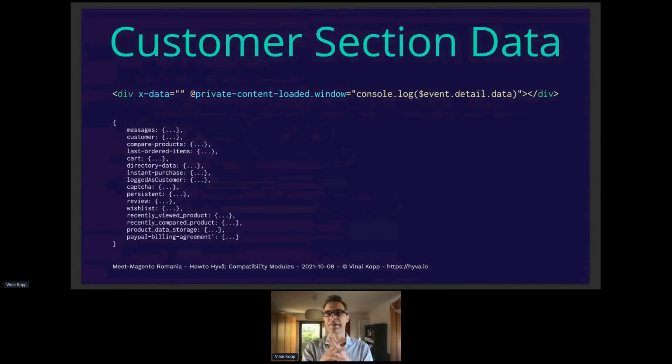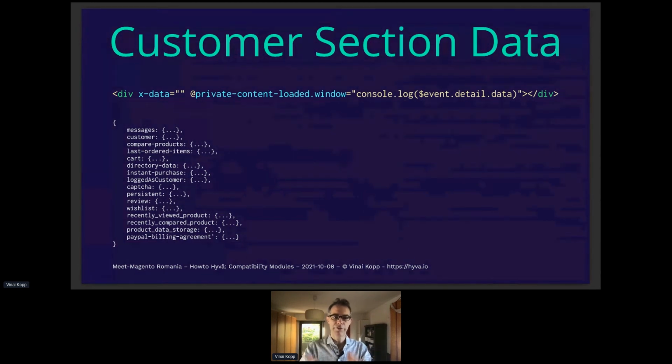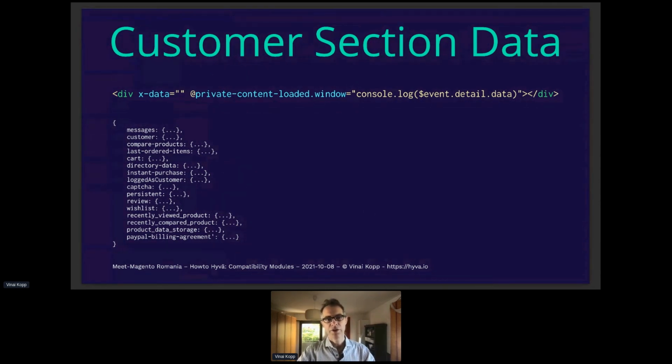Now, one bigger difference that we might run into is when dealing with customer section data. If you're not familiar with it, this is what Magento uses in Luma to render customer-specific data with JavaScript, client-side, while the full page is still being served out of the full page cache. So this customer section data gets stored in the local storage in the browser and gets refreshed only when needed.